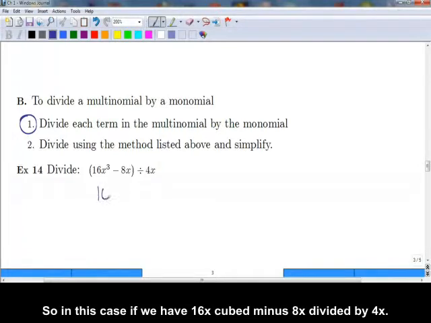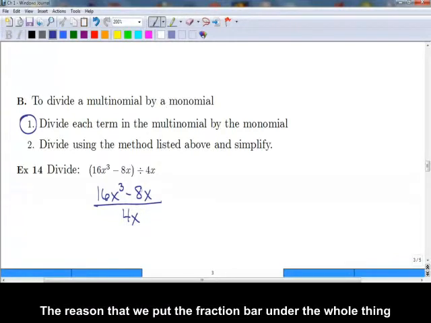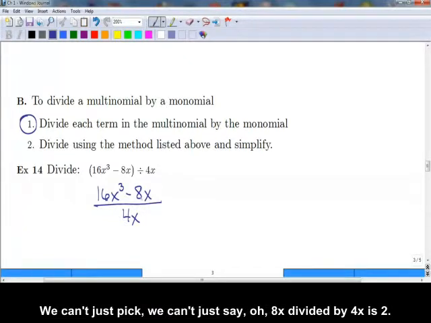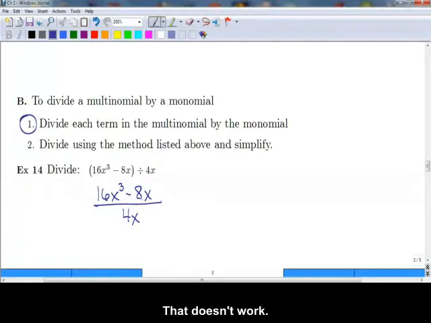So in this case, if we have 16x cubed minus 8x divided by 4x, the reason that we put the fraction bar under the whole thing is because we need to divide each piece by that monomial. We can't just say, oh, 8x divided by 4x is 2. That doesn't work. We need to do it for each piece.